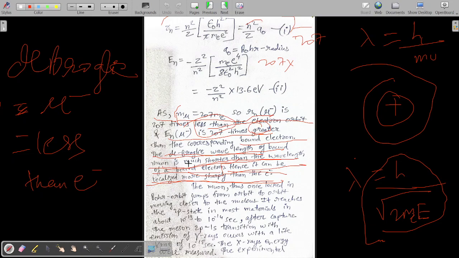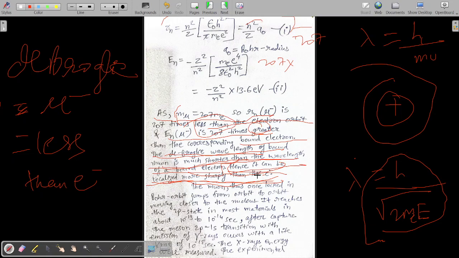We can say the other way also: electron is difficult to be localized means mu minus meson can be localized more sharply than electron. That's what has been written over there.